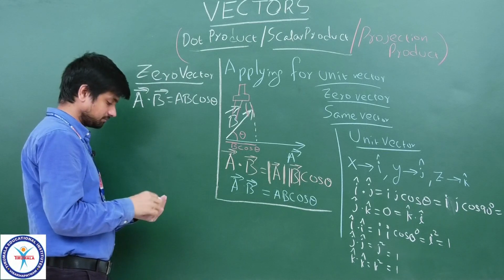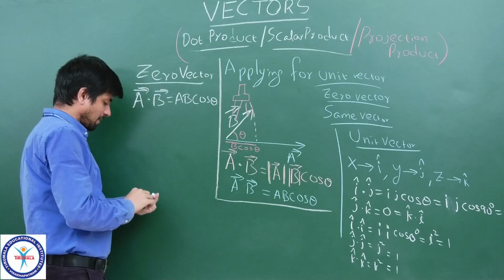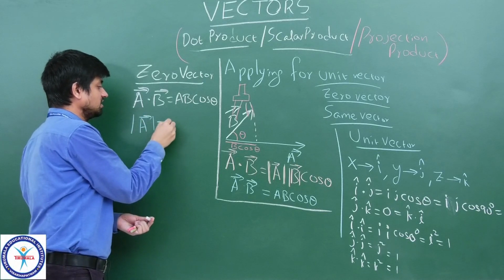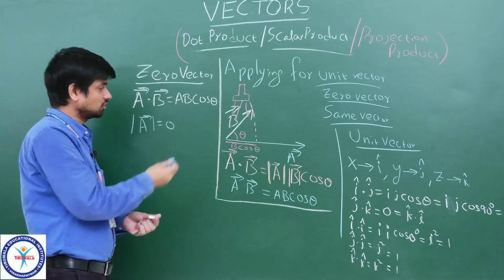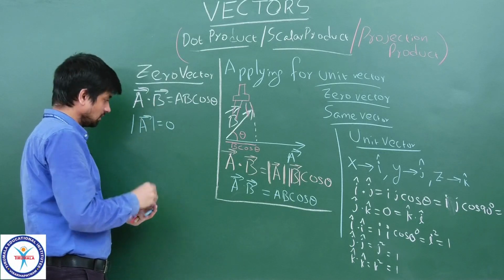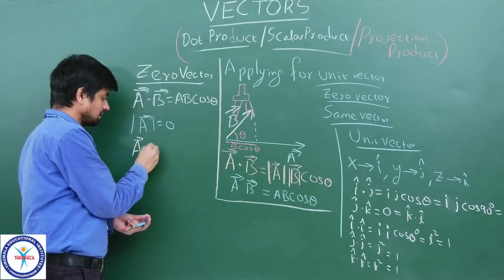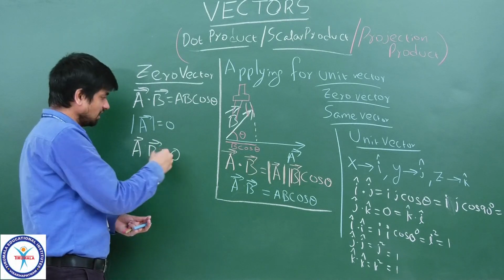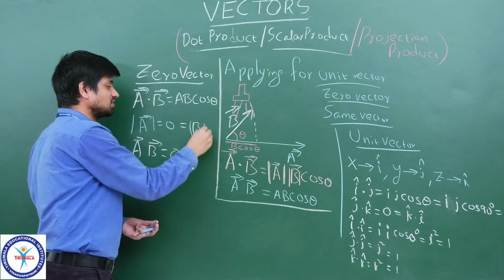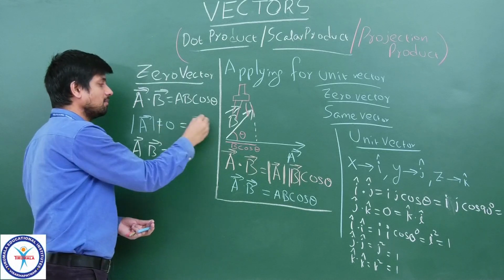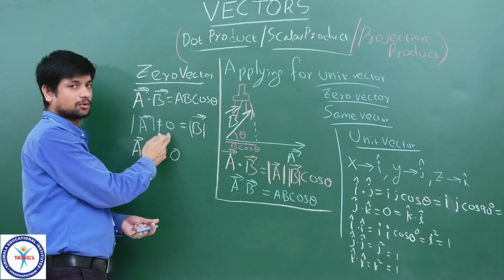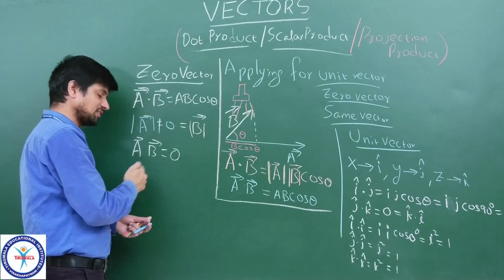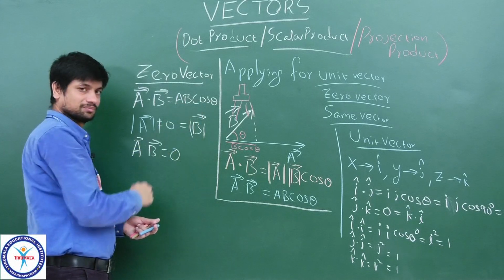So consider the magnitude of A is 0. Okay. So what happens for this one? A bar dot b bar becomes 0 into something, 0. If b bar is 0, A bar is not equal to 0, a non-zero value, positive value. B bar value 0, obviously again 0.